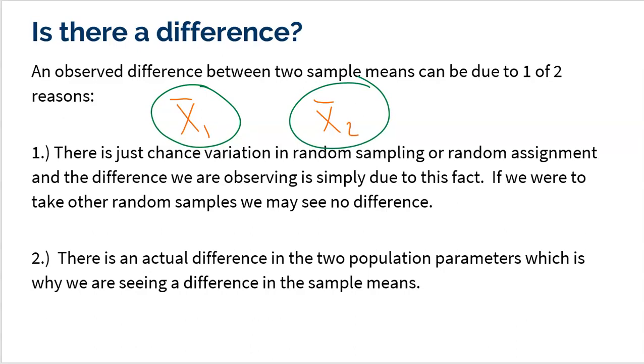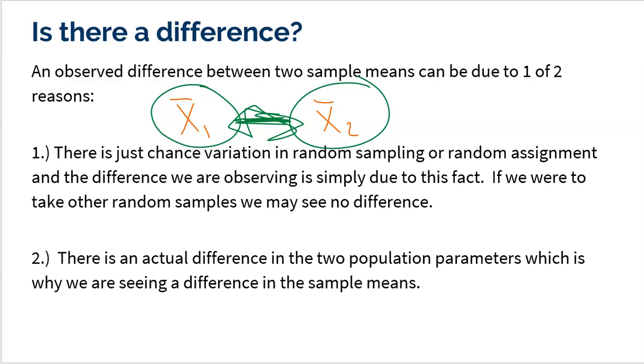But the question is, why are we seeing a difference? And there's two reasons for this. There's two possible explanations for why we're seeing a difference between these two values. The first is that we're seeing a difference because of just simple random variation or random assignment. Anytime you look at two samples, they're going to vary.